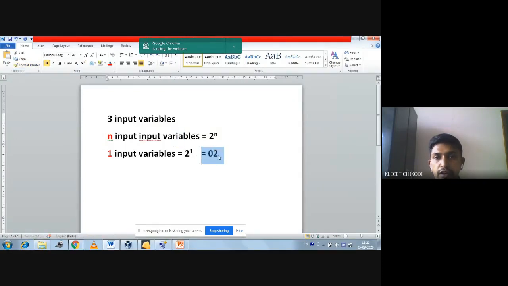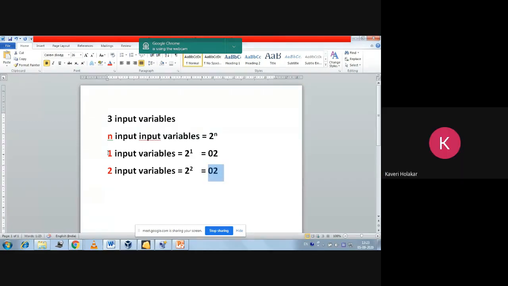That is 2 input combinations. We call these the input combinations. Similarly, I will choose 2 input variables. So instead of 2 raised to 1, we have to make it 2 raised to 2. What will be the total number of input combinations here? 4. Fine.